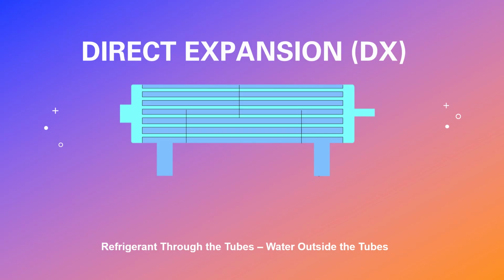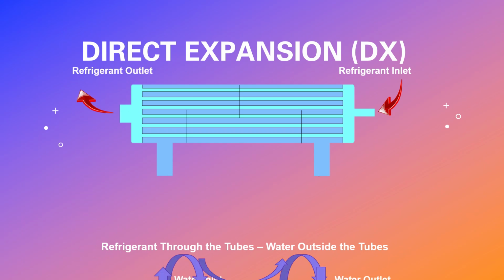Now, there are generally two types of shell and tube evaporator, this instance being direct expansion, where the refrigerant goes in one end through the tubes and comes out the other end.